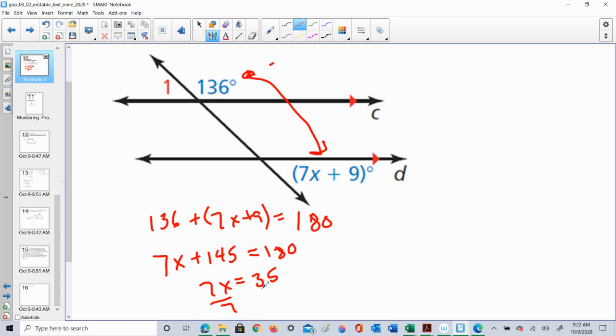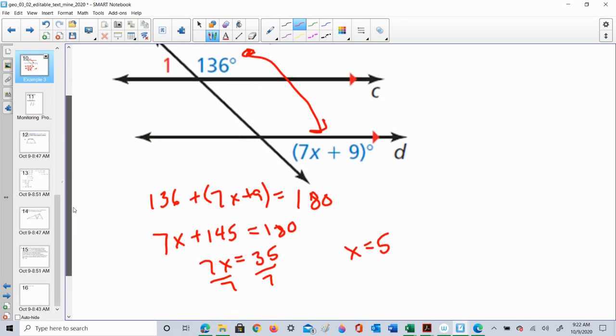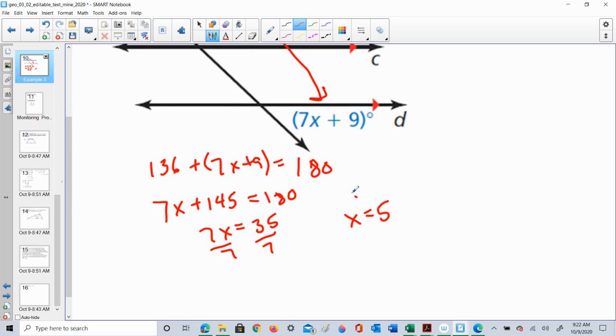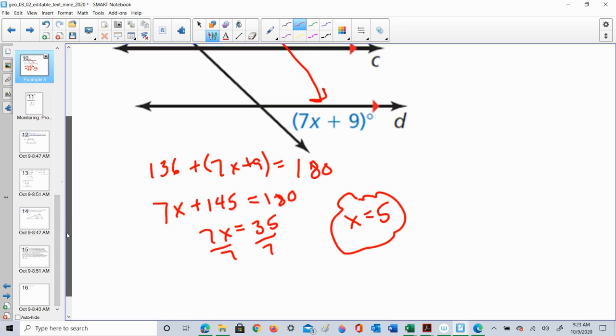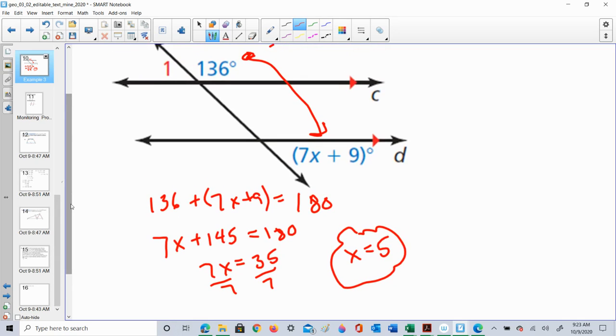Divide by 7. x is equal to 5. And did it just say solve for x? Yep, solve for x. So x is equal to 5. 7 times 5 is 35 plus 9 is 44. And you can check that 44 plus 136 is equal to 180. So we got the answer correctly.